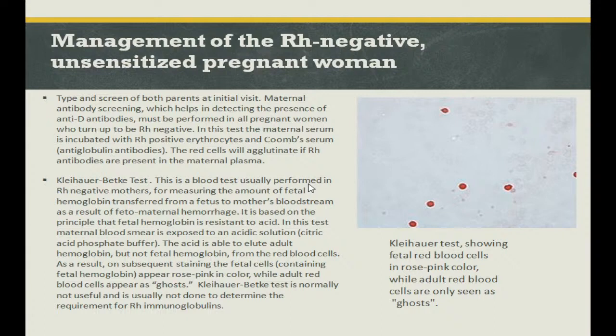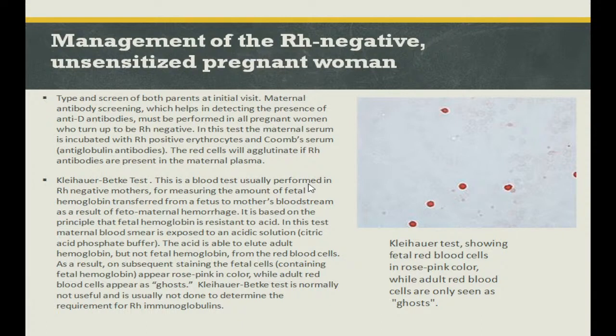Maternal antibody screening, which helps in detecting the presence of anti-D antibodies, must be performed in all pregnant women who turn out to be rhesus negative. In these tests, the maternal serum is incubated with rhesus-positive erythrocytes and Coombs antiglobulin serum. The red cells will agglutinate if rhesus antibodies are present in the maternal plasma, and you will see it with your own eyes.